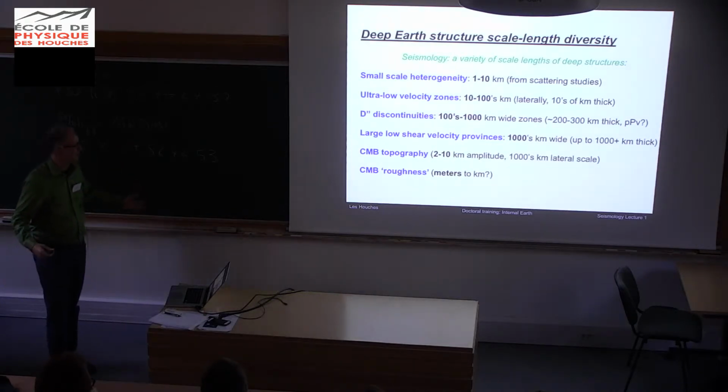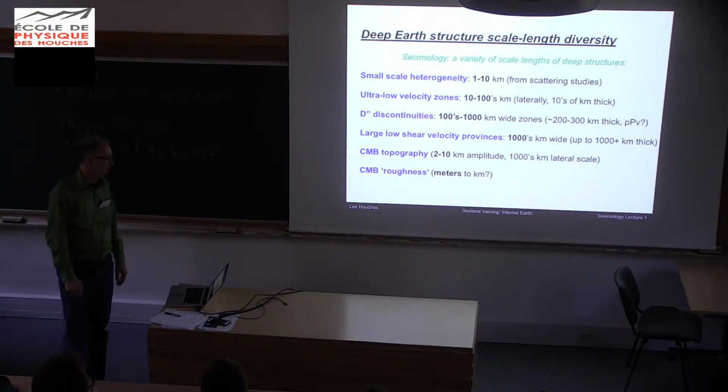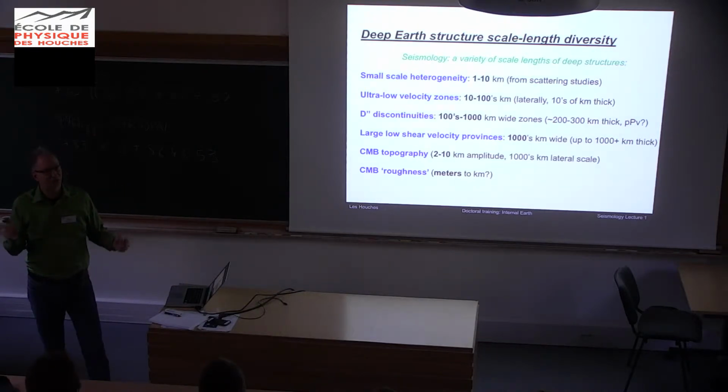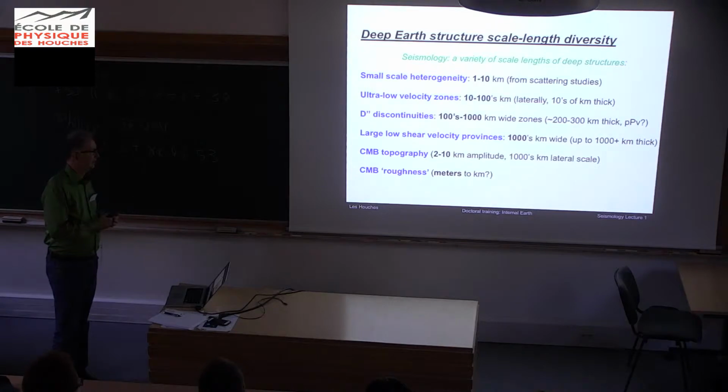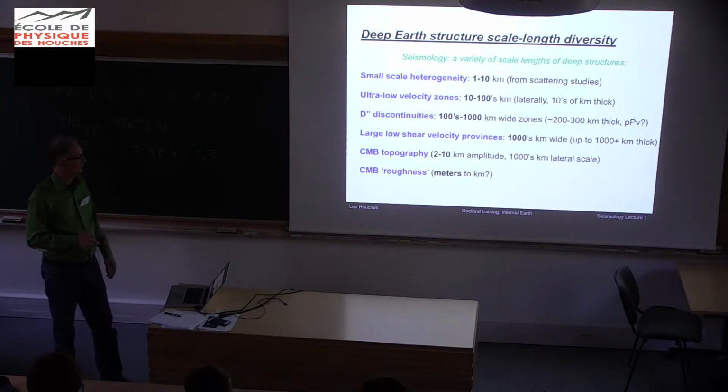And then in terms of Earth structure, which I'm not going to dwell on too much in this lecture, we have scales that are sometimes very, very small, meters, and it depends on what we can measure. So how good are our sensors, how good is the data, and how far away was the source of the energy. Sometimes meters, like the roughness of the core mantle boundary, to thousands of kilometers, which could be these large low shear wave velocity provinces.